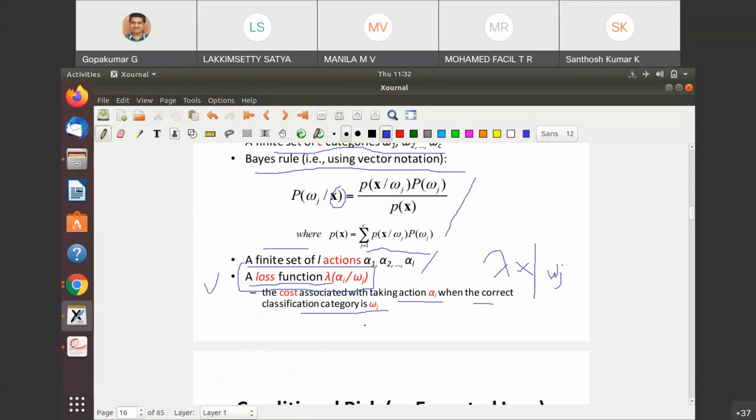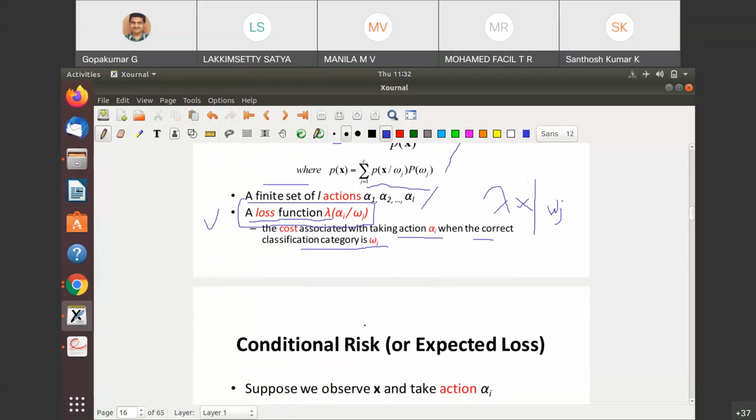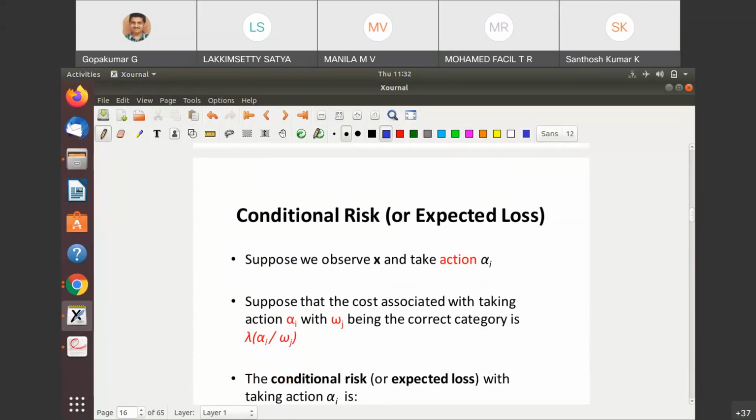Based on this loss function, we can define a conditional risk. The risk is associated with this loss, and we define it as an expected loss, that is, on average what is going to be the expected loss.